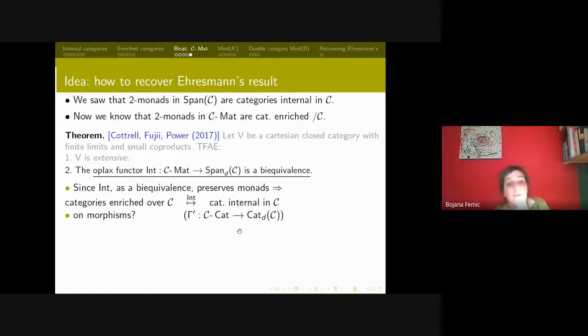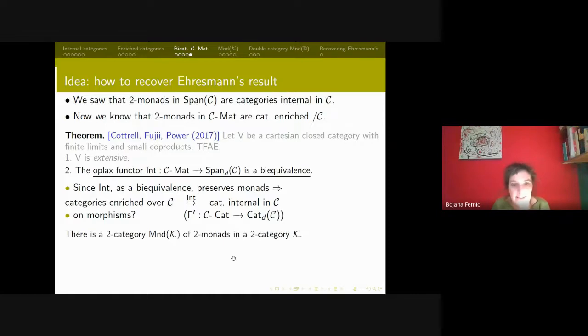Because in this way we could recover this result of Ehresmann, that they had this corestriction gamma prime from categories enriched over C. So this is equivalent to the category of discretely internal categories in C. So now we want to have some adjustment of this Int biequivalence that would include mapping of these functors, which are on one side enriched and on the other internal. Okay, so now this is our goal.